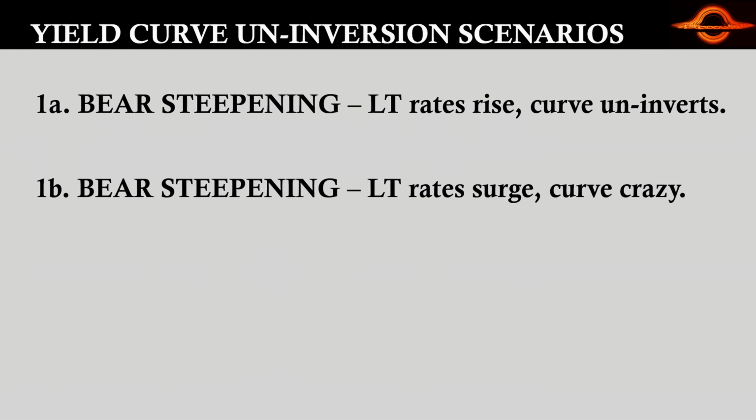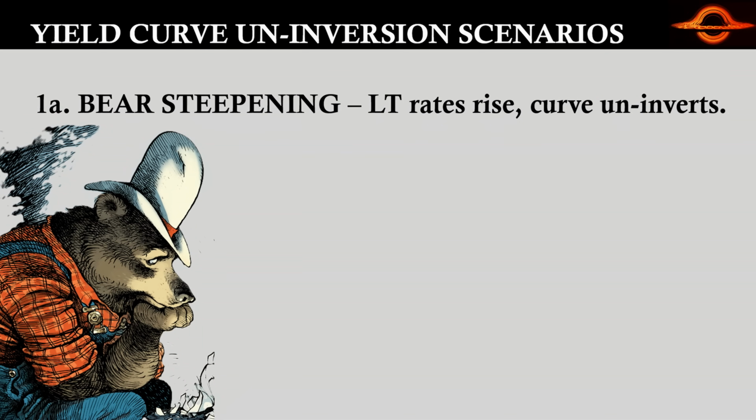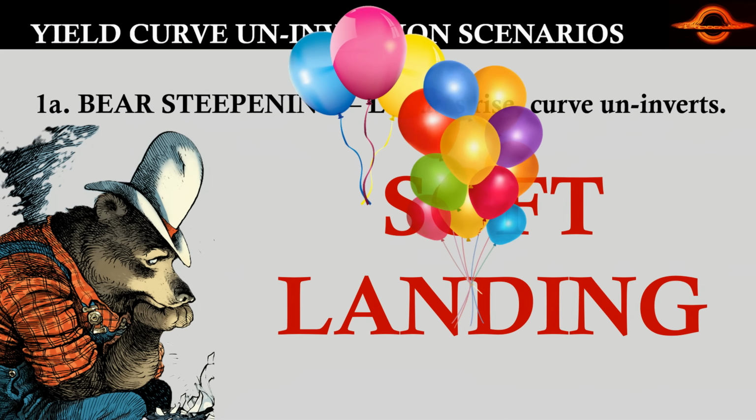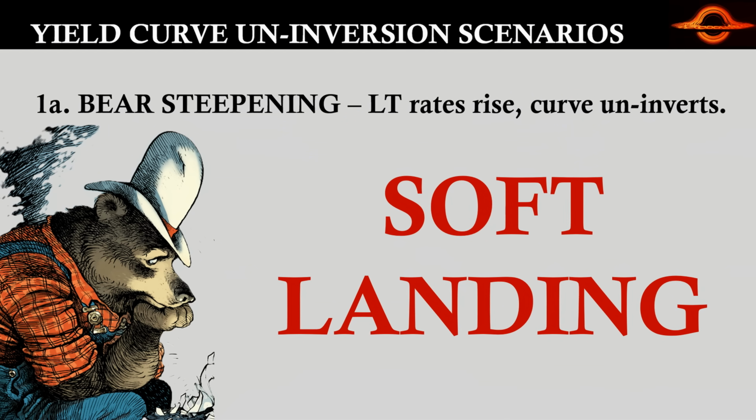So in an inverted curve, you have short-term rates that are here and long-term rates that are here. The bear steepening case is where long-term rates go above short-term rates and the curve steepens out again to where it should be normal. And that's the good case. While it's bearish for anyone holding bonds, it's actually bullish for the world because that means in the case of 2023, heading into 2024, that would have meant soft landing.